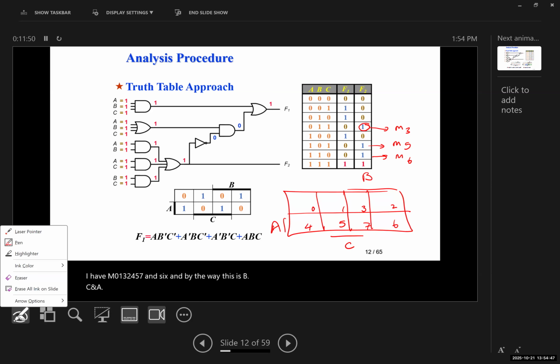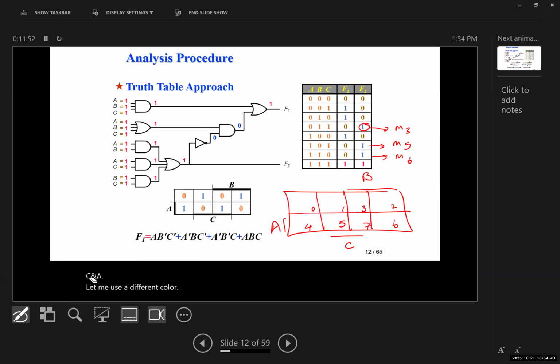Let me use a different color. I'll use black. So it's 1 at 3, 5, and 6. Again, since these are very scattered, I can't combine them. So we're going to have 3.